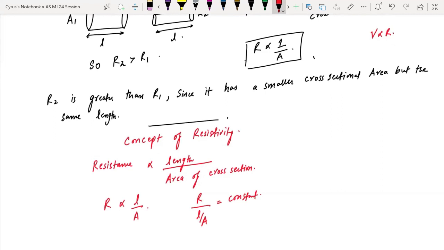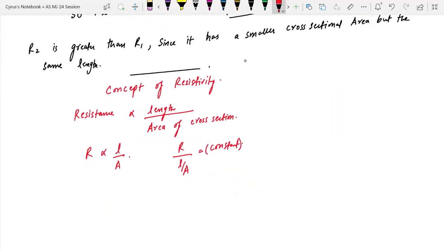ठीक है? तो ये जो कांस्टेंट आपको नजर आ रहा है, इसको हम कहते हैं रेजिस्टिविटी कांस्टेंट. देखिए, R is equal to this constant multiplied by L over A. इस कांस्टेंट को हम कहते हैं rho, which is the resistivity constant. This is the resistivity, right?